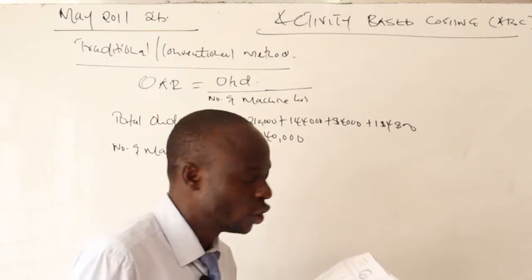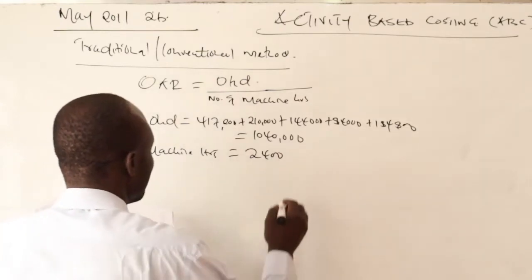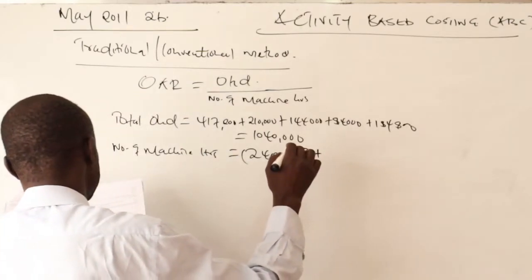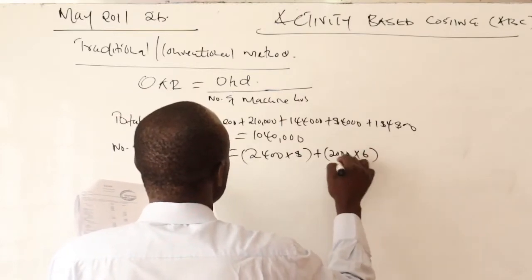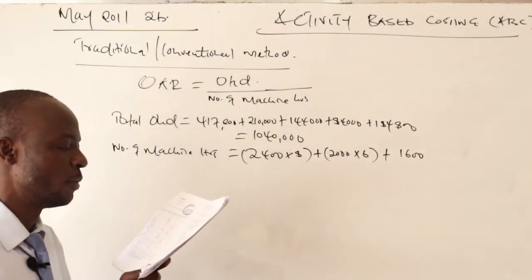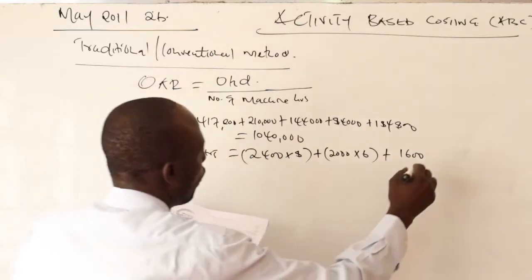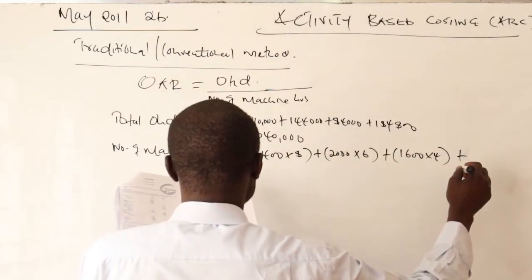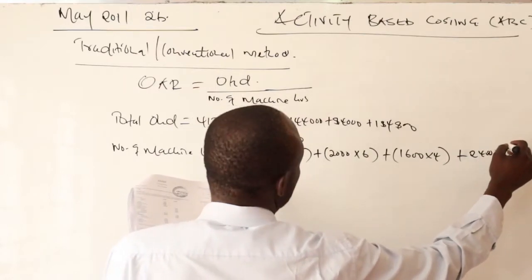So we multiply the total units produced, which is 2,400 for product A, times 8, plus 2,000 units for product B, each requiring 6 machine hours, plus 1,600 units for product C, each requiring 4 machine hours, plus the other one, 2,400 times 6 hours.